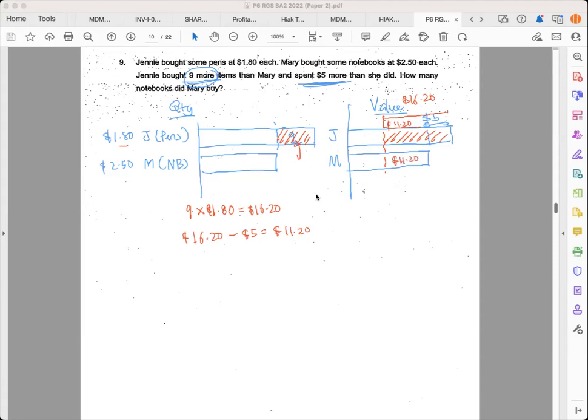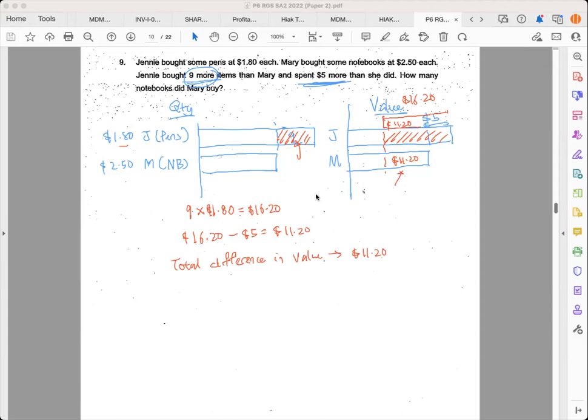What that means is that after you remove 9 pens from Jenny, the total difference in value will be $11.20. All right? So total difference in value will be $11.20.